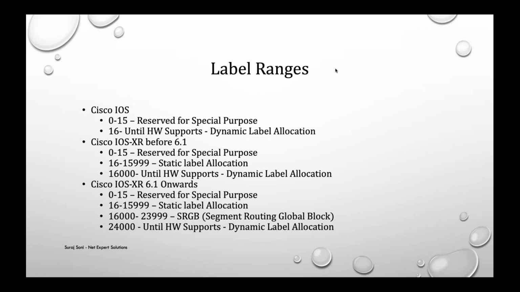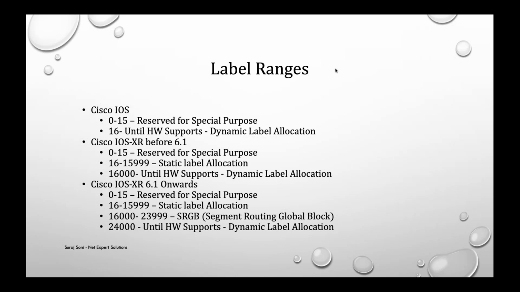After that, from 16,000 onwards until what the hardware supports, that is called the dynamic label allocation range. The dynamic label allocation is actually part of the label switch database, LSD. That label switch database contains all the labels from 16,000 until the limit.